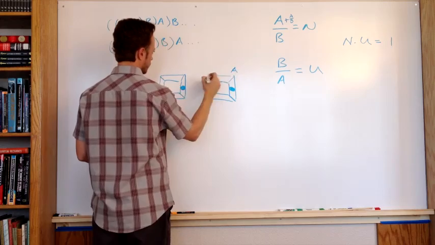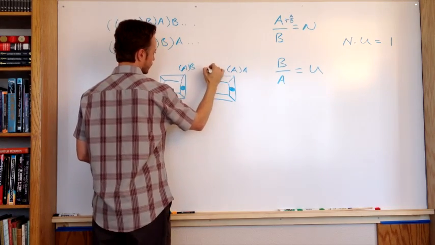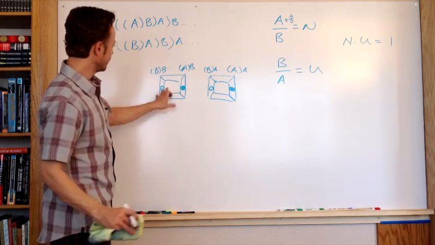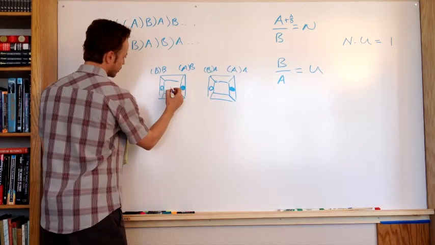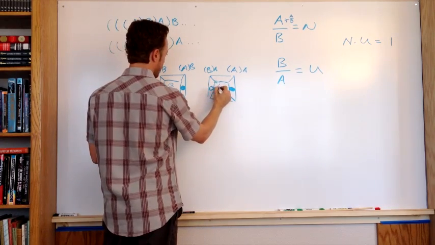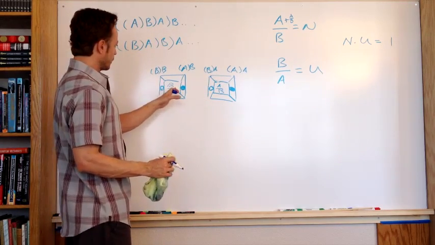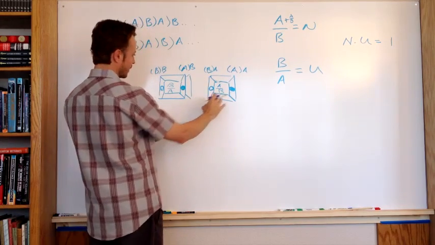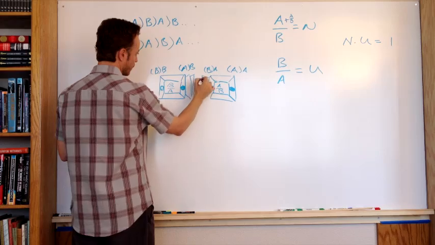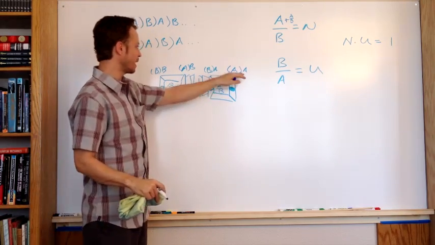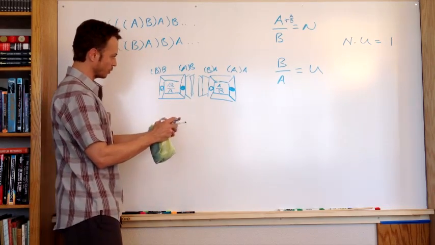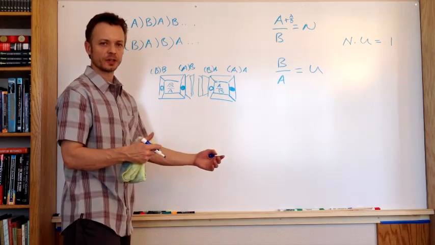We'll let this be A relative to A, relative to B, relative to A, B relative to B. So in this box, that would be where we have the ratio of B over A. And in this box, this is where we would have the ratio of A over B. But then there's the implied fact that A relative to A and A relative to B have a variance between them, and that these variances leading from A relative to A to A relative to B and B relative to B to B relative to A, such that what we're doing is mapping out their displacement relative to each other in relation to time.